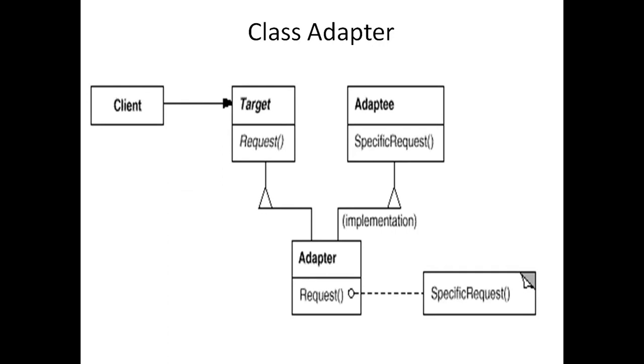The solution we will see here in terms of class diagram. Class adapter uses the organization of class. Client here is my application, and we want to use as a client one class called target. It has the interface called request here, but the request implementation has changed.